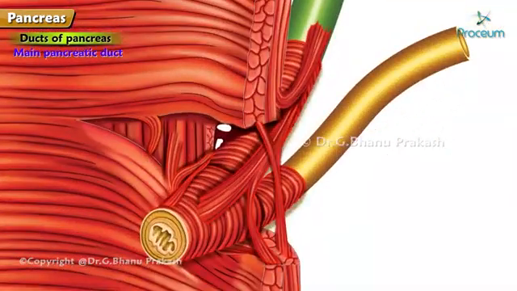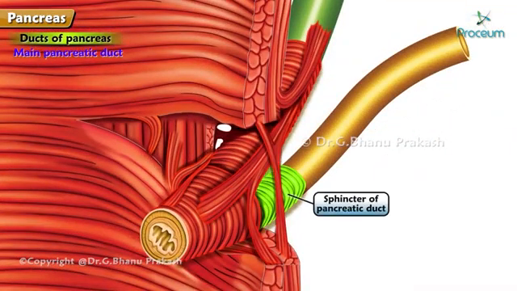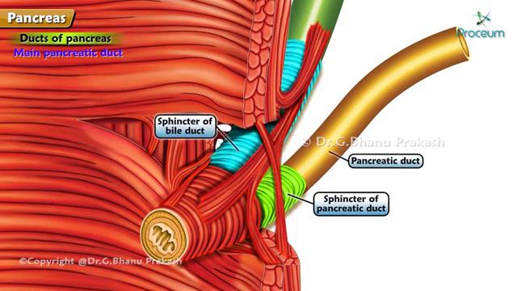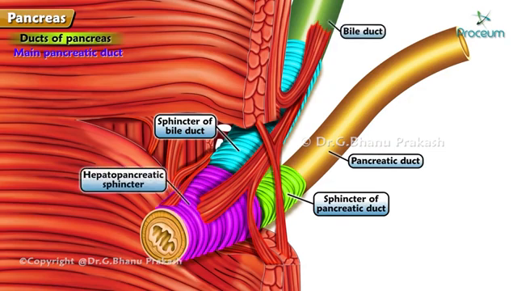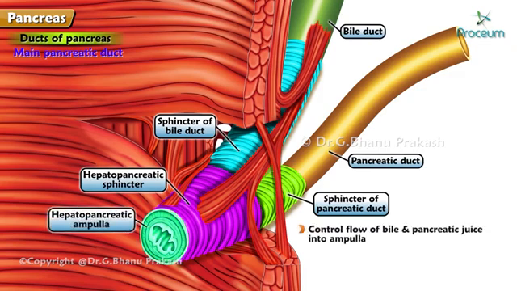The smooth muscle sphincters, the sphincter of the pancreatic duct around the terminal part of the pancreatic duct, the sphincter of the bile duct around the termination of the bile duct, and the hepatopancreatic sphincter of Oddi around the hepatopancreatic ampulla, control the flow of bile and pancreatic juice into the ampulla and prevent reflux of duodenal content into the ampulla.